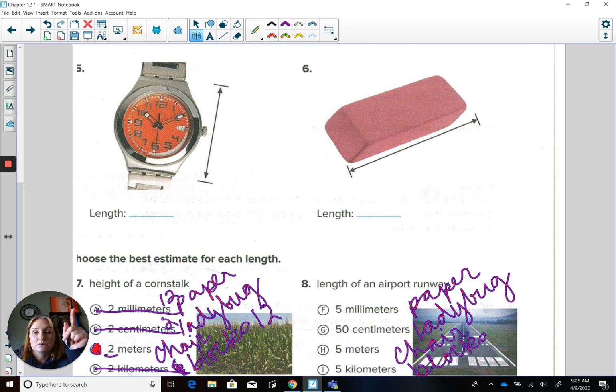And I know that an airplane needs quite a bit of space to get up into the air. So they have this long kind of road that allows it to build speed so then it can capture the air and lift up. I know there's a lot more to it than that, but that's the gist of it. So I want you to think to yourself, would you measure it with the thickness of paper?